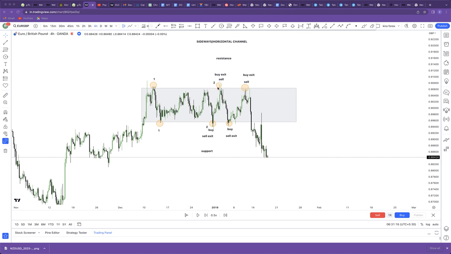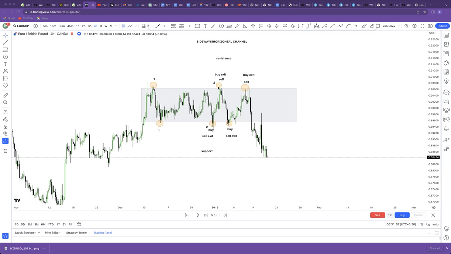So when you sell, you take your what? You take your profit at where the support is. So we have the first touch, then the second touch we sell, so the third touch we sell. Then on the support we have the first touch, the second touch you buy.